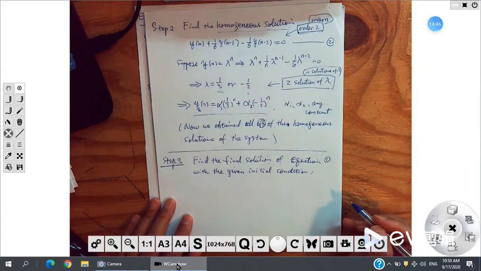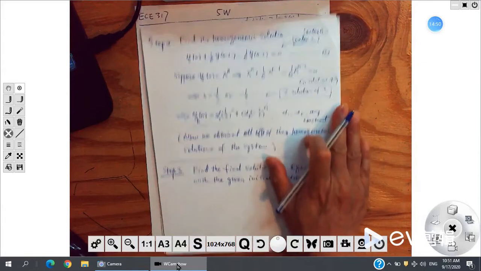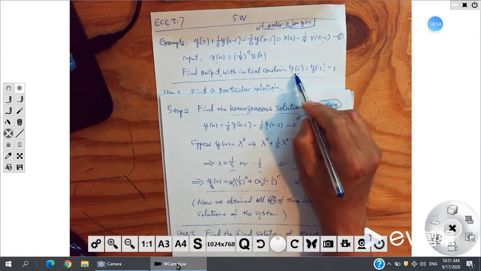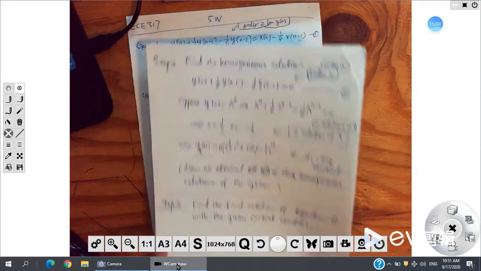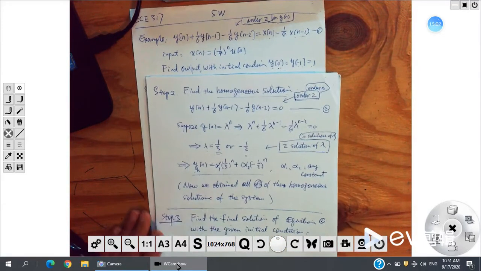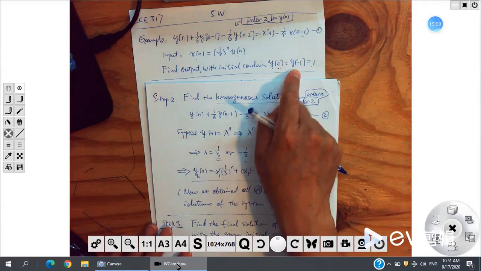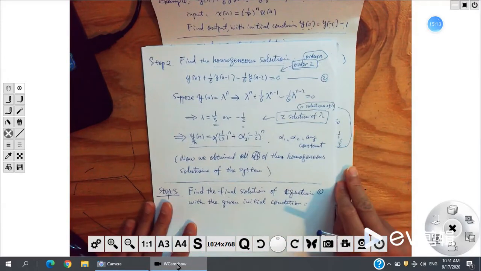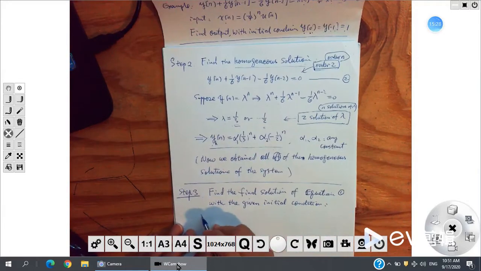Given initial conditions here. We have y of 0, y of -1 equal to 1. So actually here, I have 2 initial conditions, right? 2 initial values. So in general, how many initial values are necessary and enough to work?